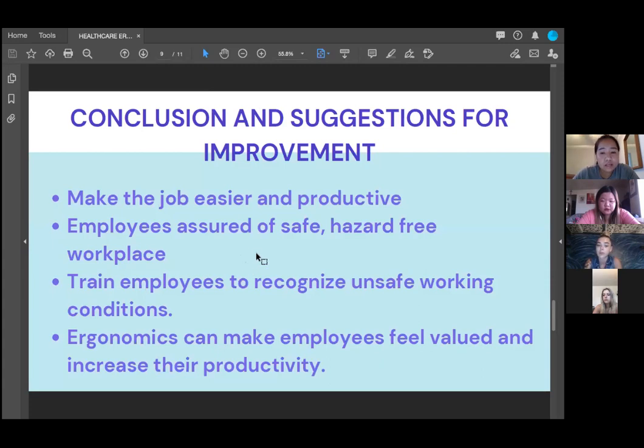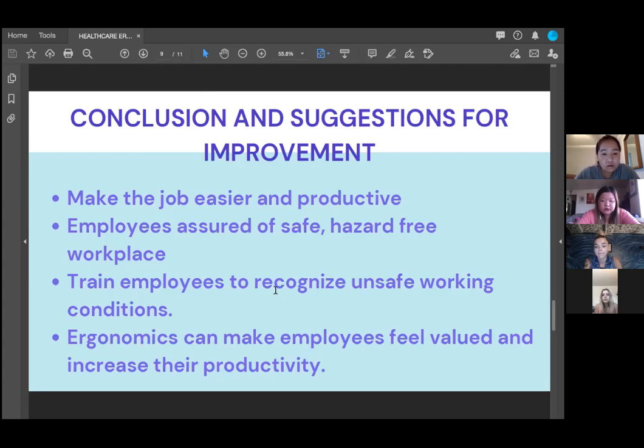Employees are assured of a safe, hazard-free workplace by implementing healthcare ergonomics in the workplace. And employers should train the employees to recognize the unsafe working conditions. Healthcare workers should recognize first their safety and the condition of their workplace.